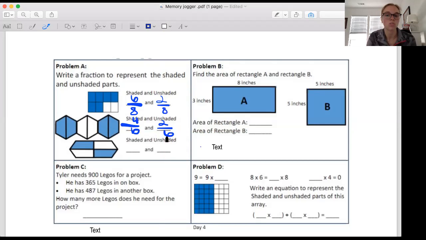6 total pieces. And for this last one, we have 4 total pieces. So we have 2 shaded out of 4. Sorry, my 4 doesn't want to.